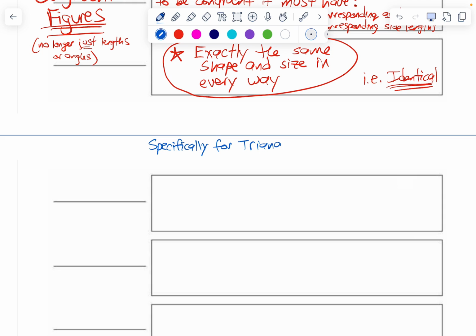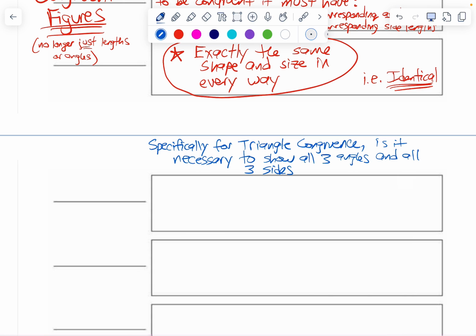So specifically for triangle congruence, is it necessary to show all 3 angles and all 3 sides are congruent?